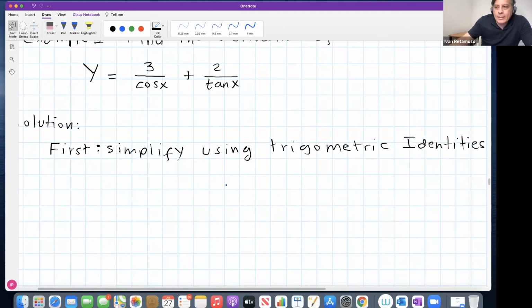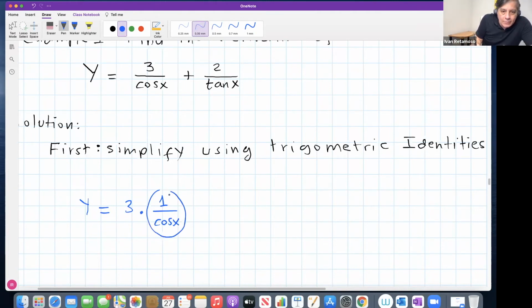There they show you that there is a way to rewrite this expression. I'm going to write this 3 over cosine as 3 times 1 over cosine. They're the same, right? But in trigonometry, we know there is a way to rewrite this as one trigonometric function. And what is that? Do you remember? What is 1 over cosine in trigonometry?